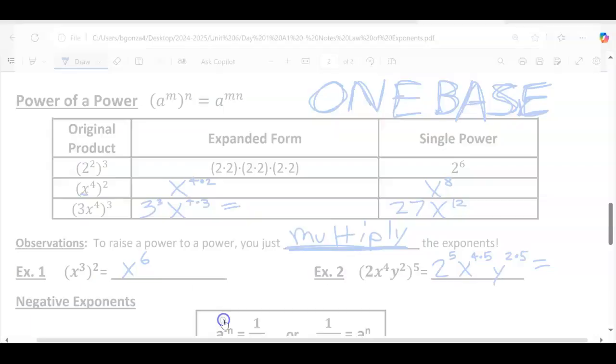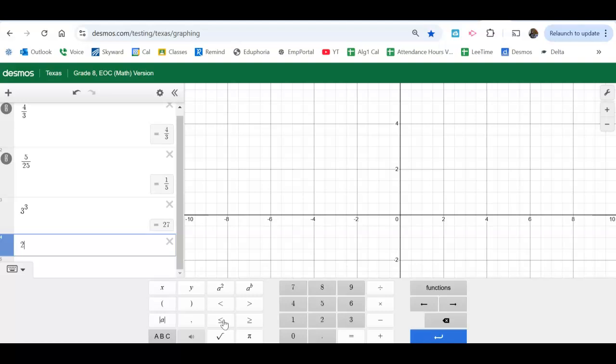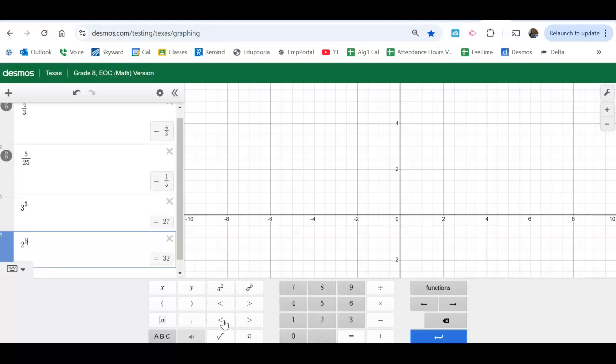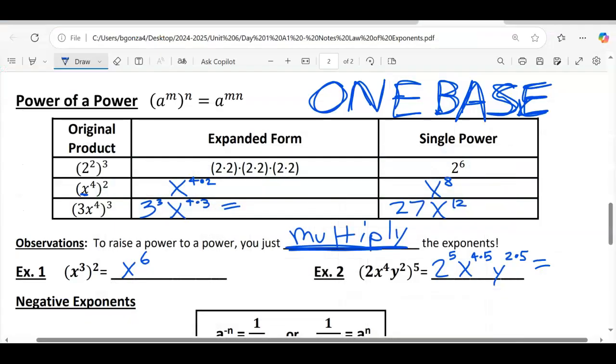You're going to have to, again, use Desmos to help you out here. 2 times 2 times 2 times 2 times 2 is the expanded version, but 2 to the 5th power is 32. You're multiplying it each time. All right, so 32 x to the, so 4 times 5 is 20. And then y, 2 times 5 is 10. Cool.